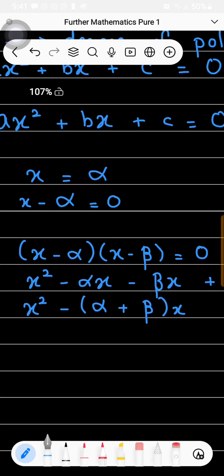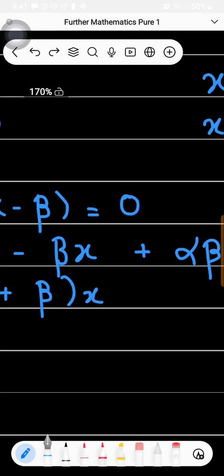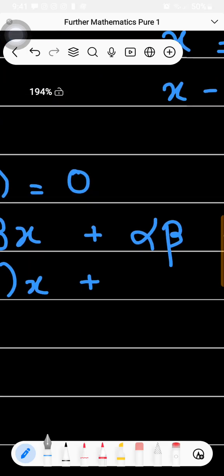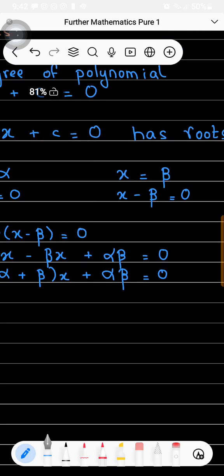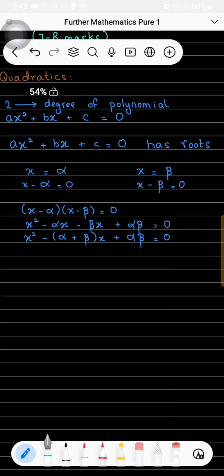If you are confused about what we did, if you multiply this, we get minus alpha x minus beta x, so x and minus are taken common here, then plus alpha beta. So now we are going to deduce our formula, which is not a part of the syllabus; we are just doing it to memorize the formula and see how the formula was derived.